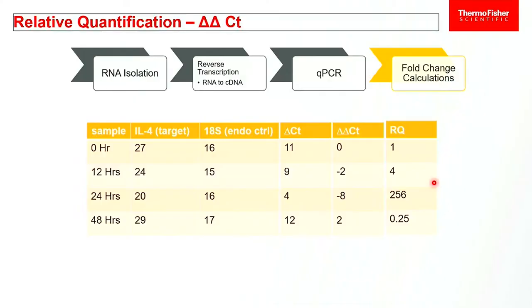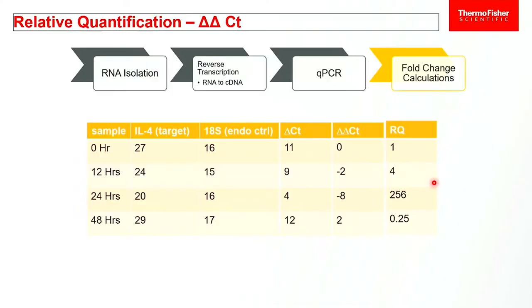A positive value for RQ is an increase in a fold. So 4 means I had 4 times as much in the 12-hour sample as I did in the 0 time point. 256 for the 24-hour sample means I had 256 times the amount of material for this target in the 24-hour sample than I did when I started at time 0.